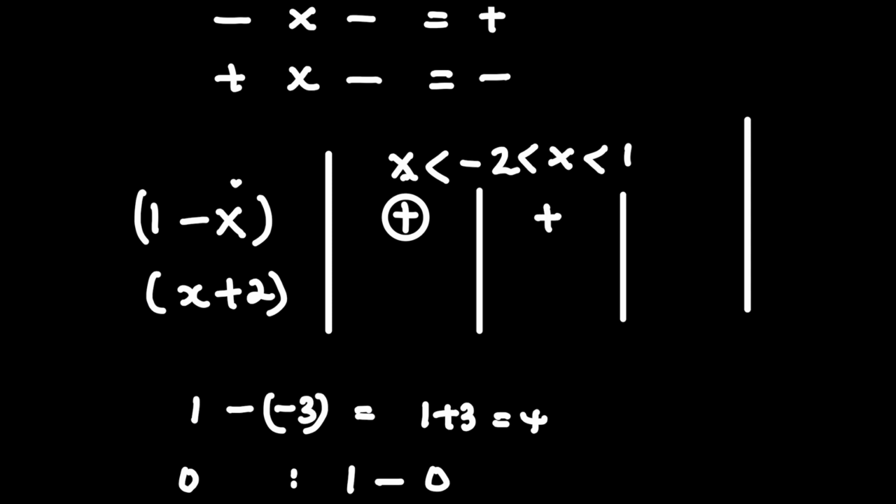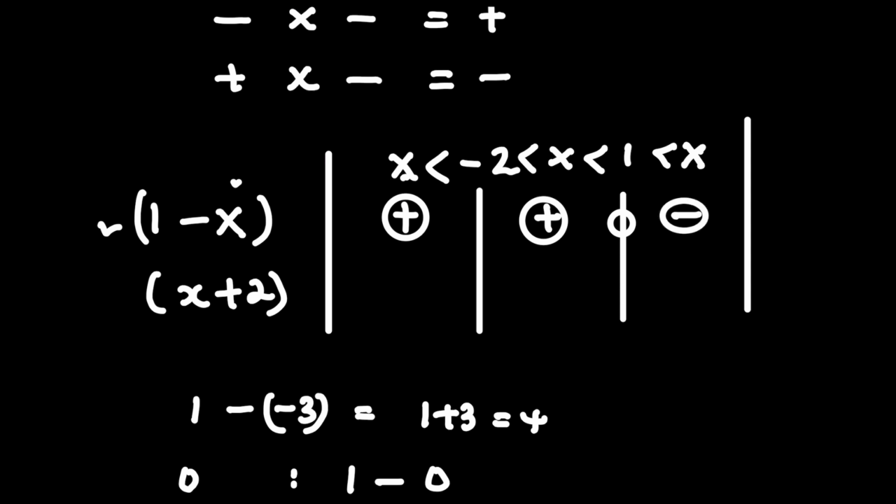Then at 1, if we substitute 1 over here, we're going to get a 0. Then for any value of x that is greater than 1, let's say 10, for example, we are going to get a negative value.